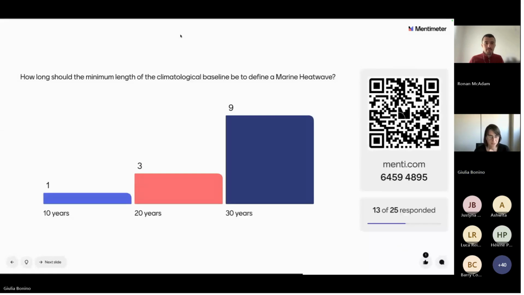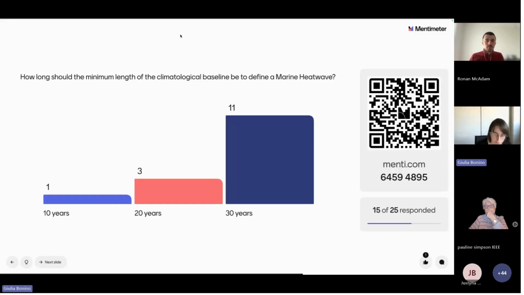The right response is 30 years. That is the first definition that we had. Of course, it depends on the data that you have. Usually, if you are considering reanalysis and satellite data, then we need to use at least 30 years of data.